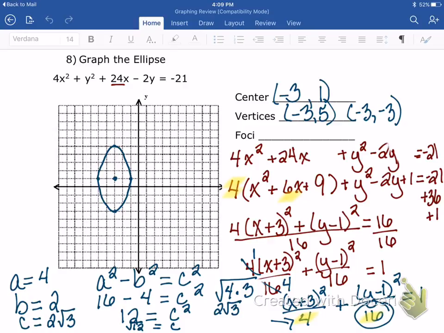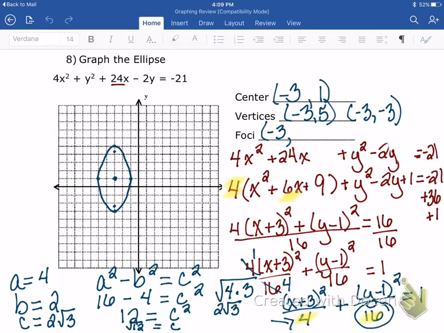So from my center, I'm going to move up a little over 3. So I'm going to go 1, 2, 3, and right there, that's my foci. And then I'm going to move down 1, 2, 3, a little more than 3. So I have put those dots right there as my foci. But I've got to identify my foci. Now, the one thing I want you to know is that my x value isn't going to change.